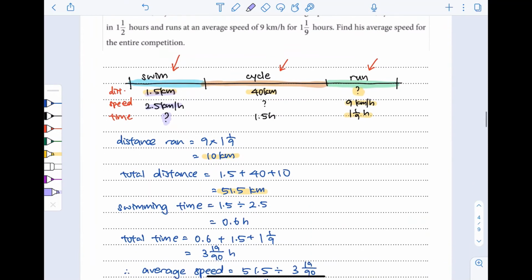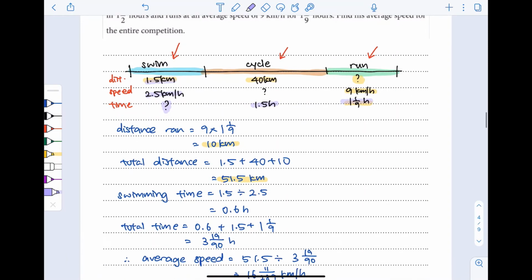So we will take 1.5 divided by 2.5 and we get 0.6 hours. We then add up 0.6 hours with 1.5 and 1 and 1/9 hours such that we have 3 and 19/90 hours for the total time.